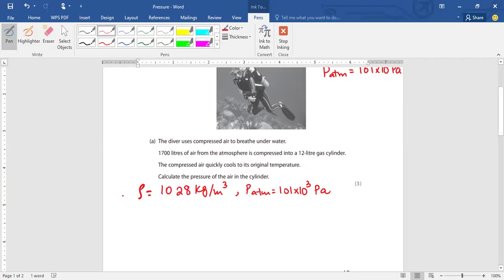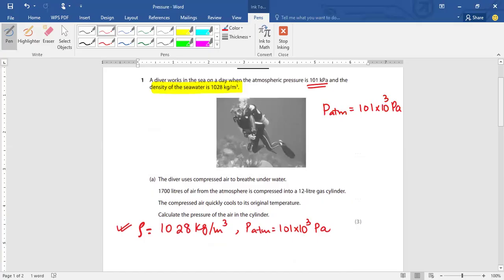Density is already given here, right? Wait, can you go up? Sorry. Oh, okay.